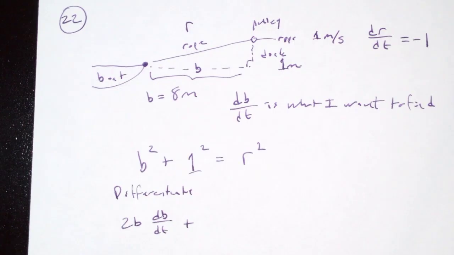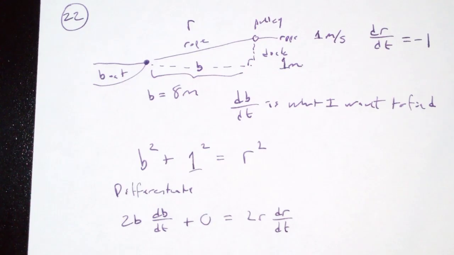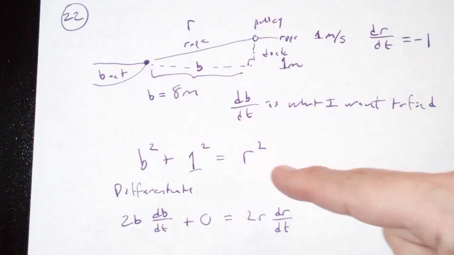Plus 0, because that's a number, equals... and yes, I would be more than happy to let you use B prime or R prime. But the reason I keep using dB/dt and dR/dt is to remind myself these are changes in time. So I want to keep that emphasis in my head for the situation I'm dealing with. Clearly, I'm trying to find dB/dt. I'm going to need R to do it. I don't have R. I got to go back here to find R.